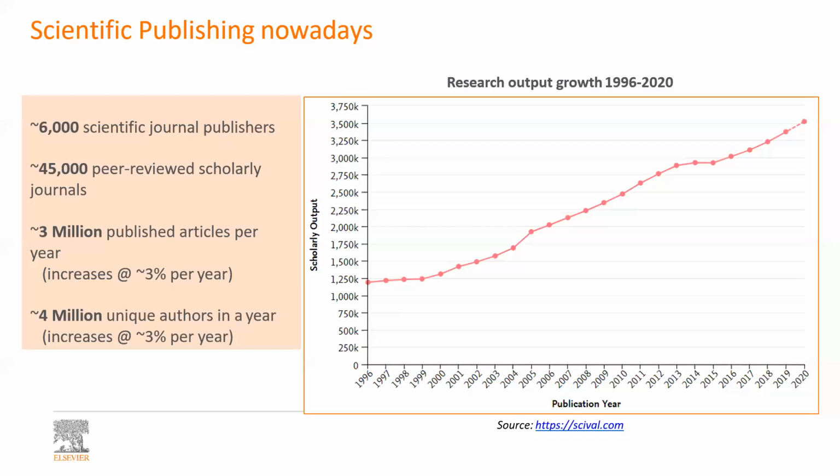Let me quickly take you through how the publication industry has grown. As this slide depicts, there are more than 6,000 publishers, publishing approximately 45,000 journals. Article output increases constantly by 3% every year, with approximately 4 million unique authors, also increasing by 3% every year.